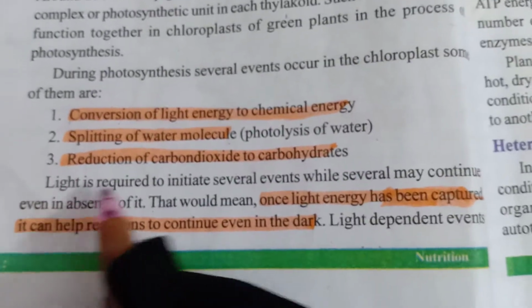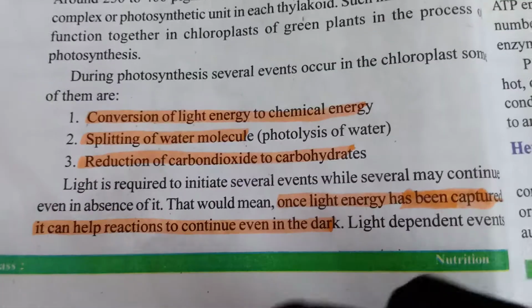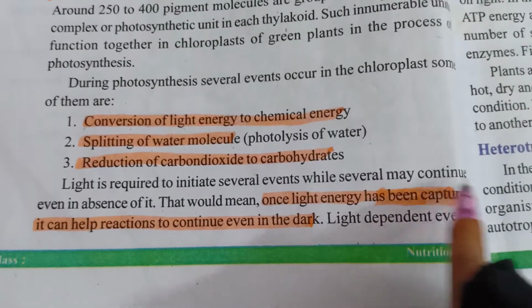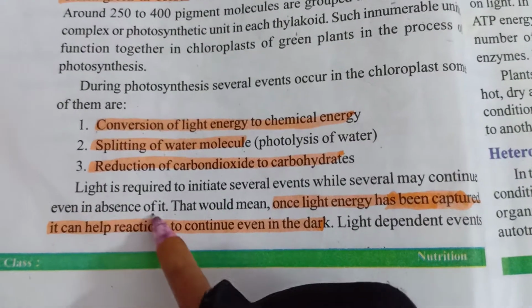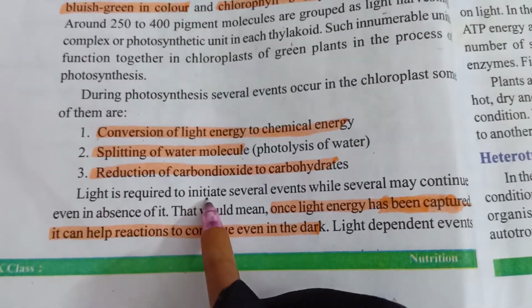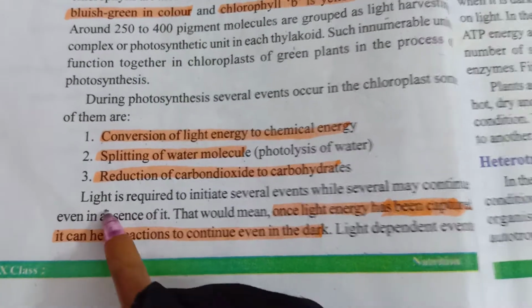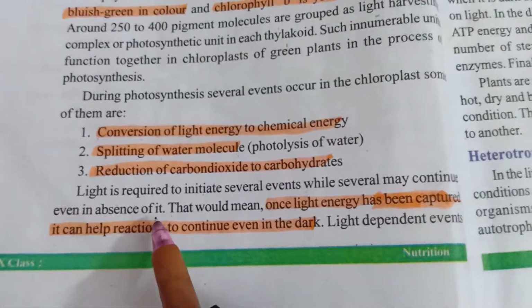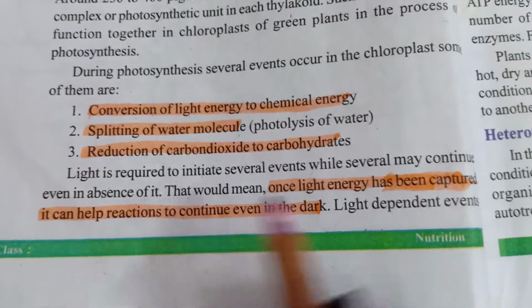Light is required to initiate several events, while several may continue even in its absence. To initiate means to start the events. In some cases light is required, in some cases light is absent.